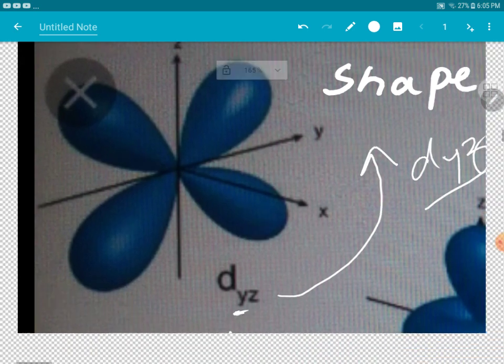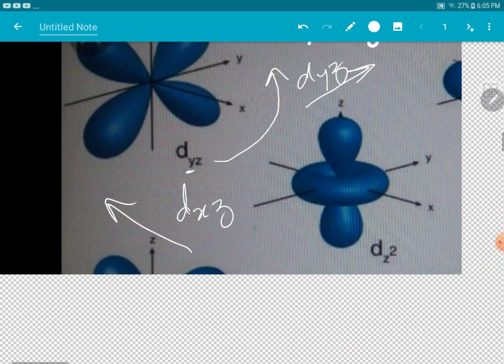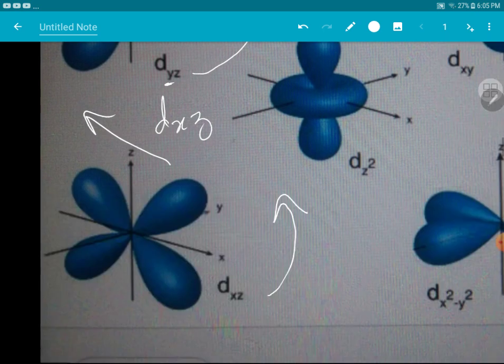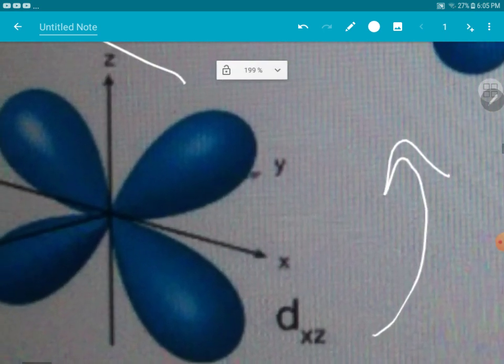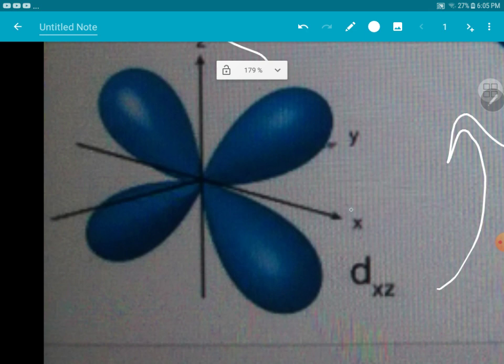And in the second picture of the XZ, one loop covers the y-axis line, and the other opposite loop is below the y-axis line.